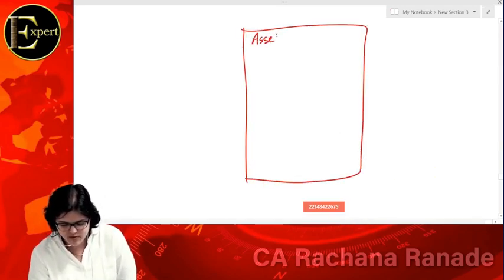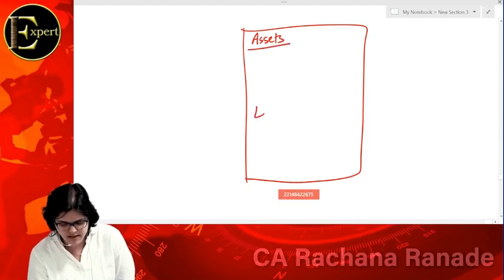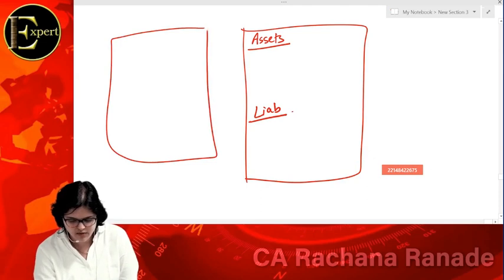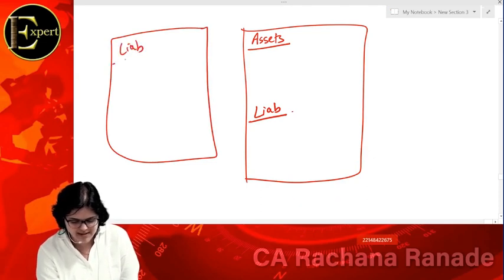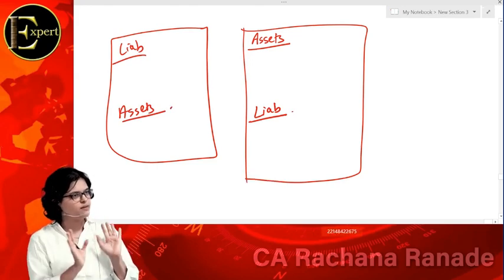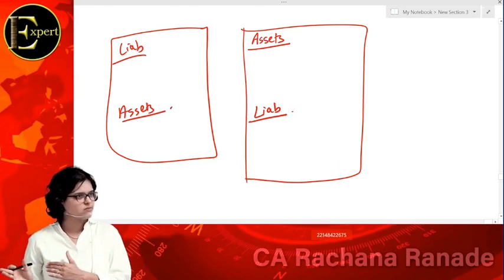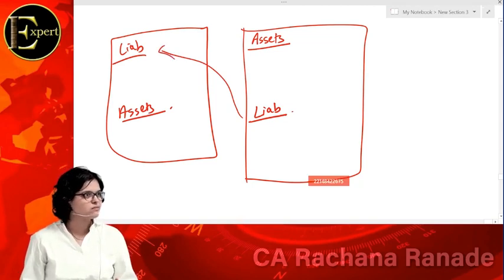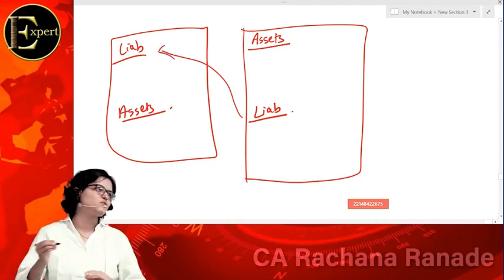If you remember, Ind AS has this format: first assets and then liabilities. Our traditional format will have liabilities first and then assets. Doesn't make a difference. It's just about how it is presented. Finally, liability remains a liability, asset remains an asset. Because it is written up here, a liability becomes an asset, that doesn't happen. It's just a style of presenting which is first.